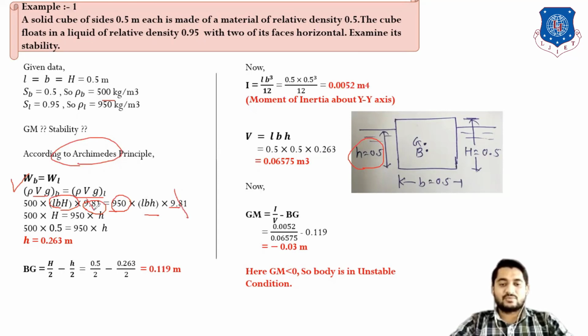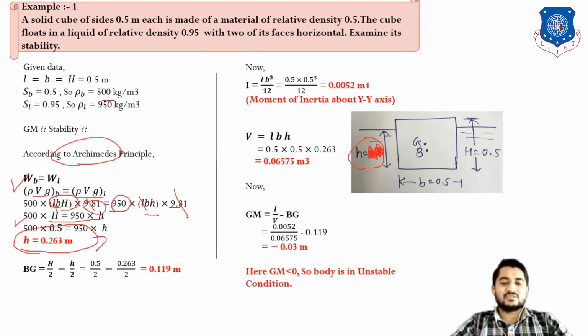Here 9.81 and LB got cancelled on both sides. So remaining is 500 into capital H is equal to 950 into small h. In this case, make a correction here: small h is unknown here, not 0.5. So we can find small h is 0.263 meter.